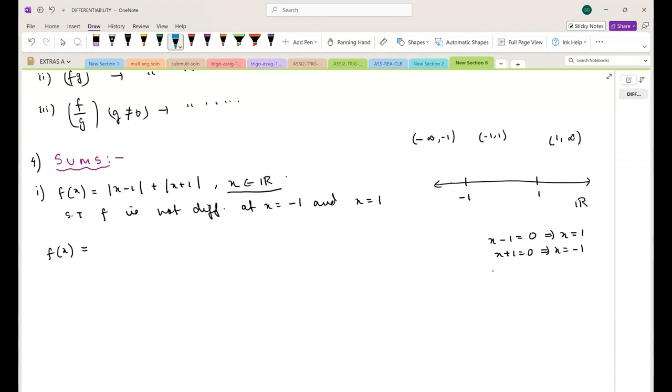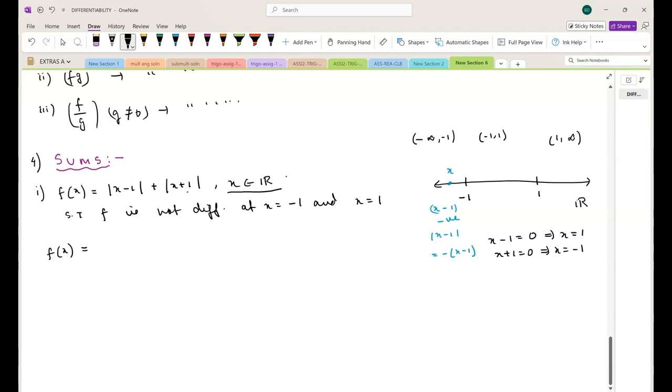What I mean to say is, if your x is here, then x − 1 as a whole becomes negative. So when you open the mod, then |x − 1| will be −(x − 1) according to the definition of modulus. That's what I'm trying to say.